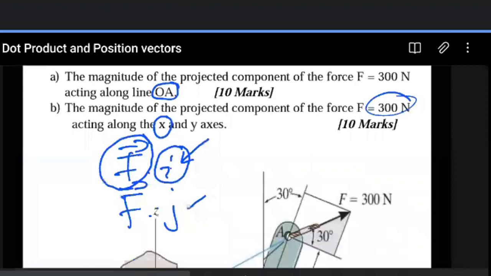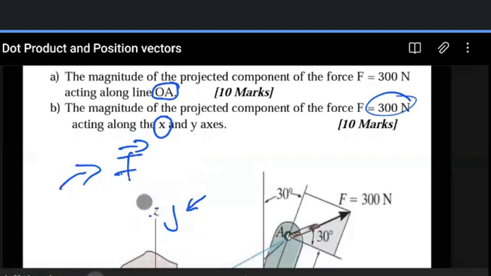So to get the projection of the force F in the x-axis, all we need is the force F in Cartesian vector form and the unit vector i, then get the dot product of the two. The same thing in the y-axis. We'll still evaluate this so you'll still be able to see. But let's begin with the first one.